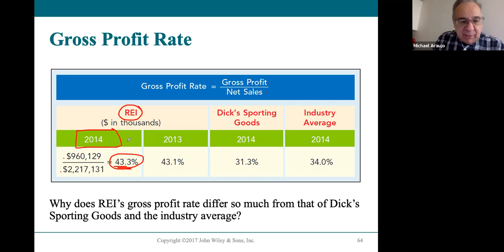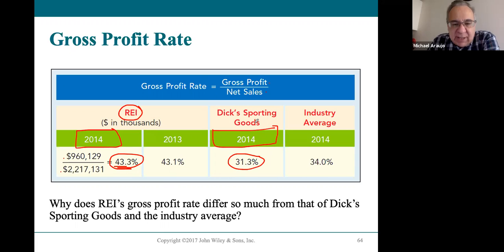It's about the same from year to year for REI. Again, one of their biggest competitors is Dick's Sporting Goods. When they compared their gross profit to net sales, they had a gross profit rate of only 31.3%. I'm just going to say 31%. Well, what does that mean?